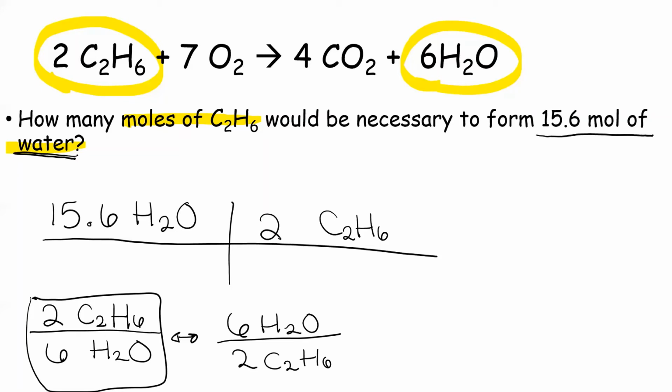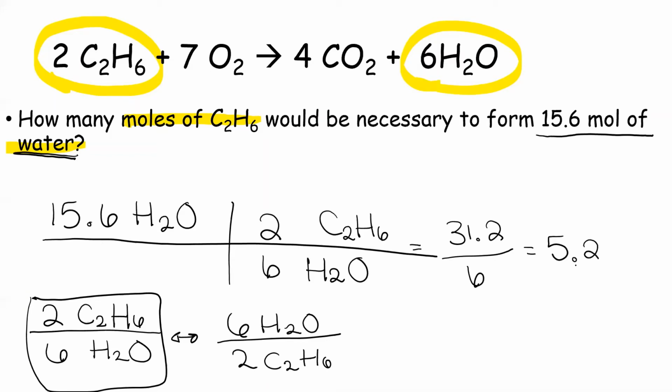So I'm going to put 2 C2H6 over 6 H2O. And when I have that, I'm going to plug it into my calculator, which would give you 5.2 moles of C2H6 for your final answer. It's always better to break it down into multiple steps, especially if you're using the calculator on your phone.